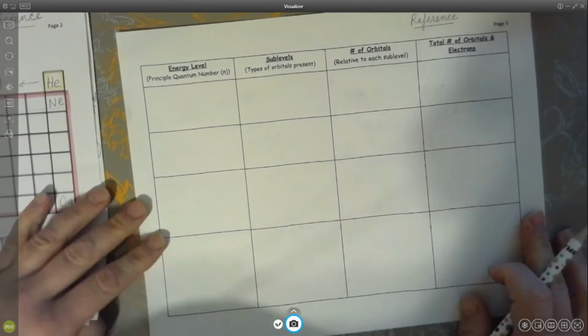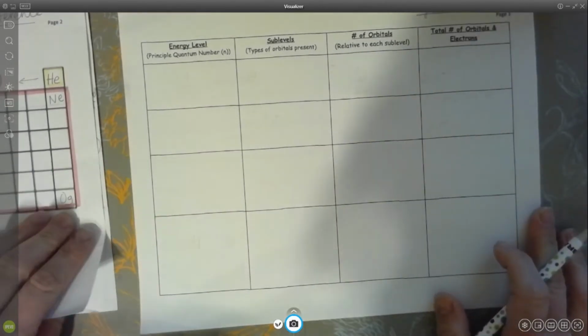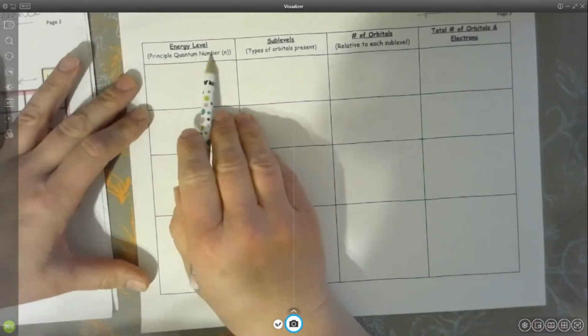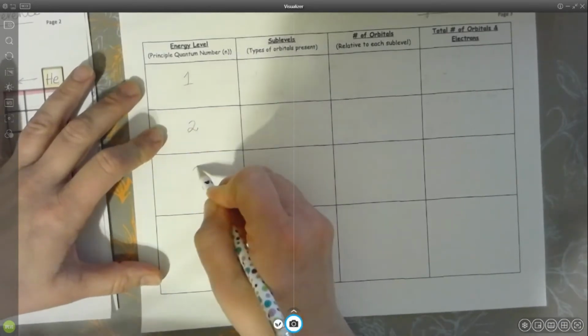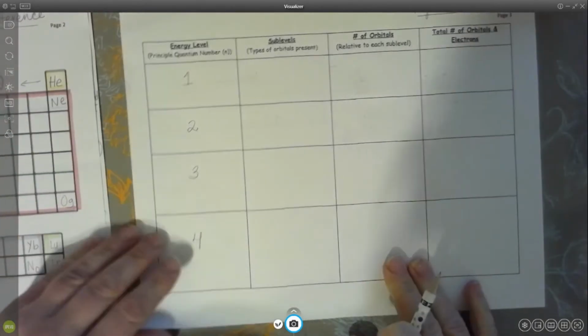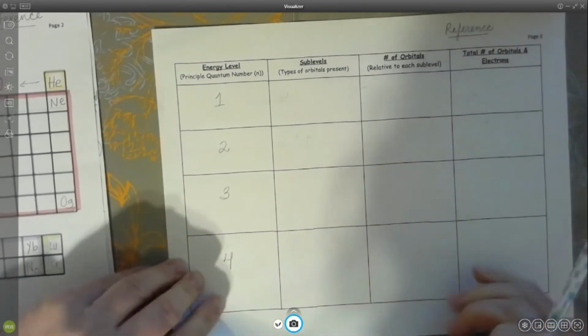So I really want to encourage you to do that. So today, we're going to start off by looking at the energy levels, or we'll say the principal quantum number n. And we're going to look at 4 levels just so that you can see the basics of how they're set up. And then you'll be able to use this as a reference as you go on.